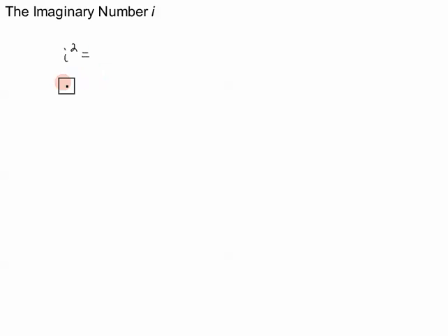Okay, so let's look at any other powers of i. i to the first is i. i squared we already saw is negative 1. And now, to get i cubed, I can multiply both sides of this by i, right? So if I do that, the left side is going to be i cubed, and the right side is going to be negative 1 times i, which is negative i.